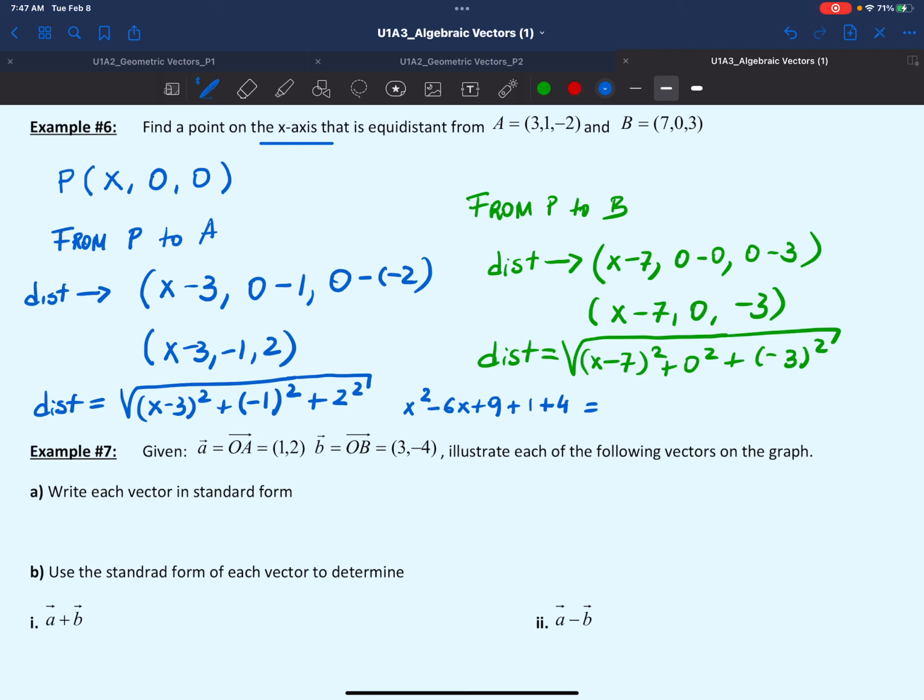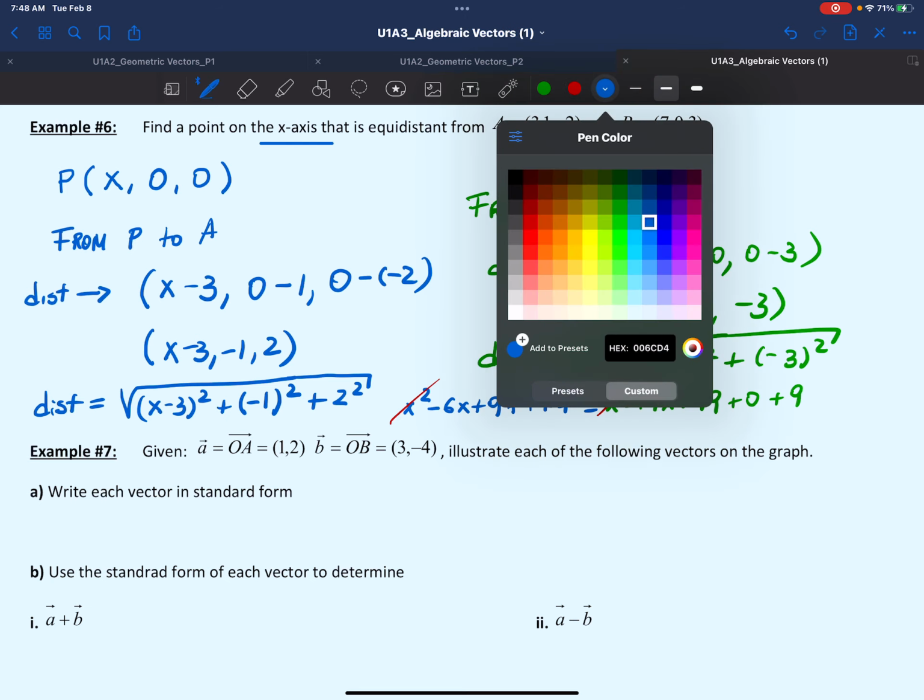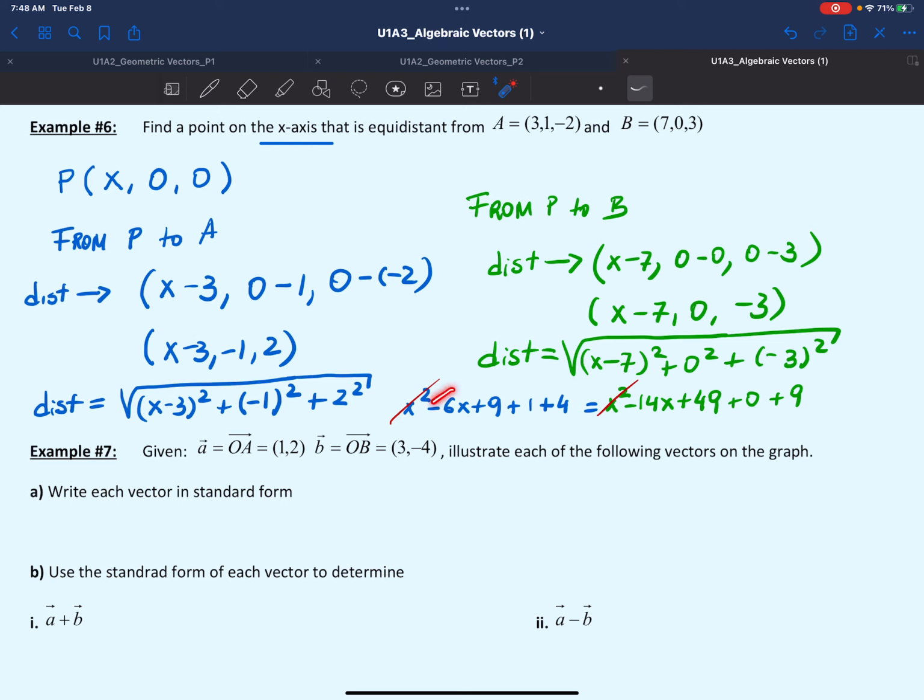So this would be equal to x minus 7 squared, which is x squared, minus 14x plus 49, plus 0 squared is 0, and then plus 9. So notice that we have x squared in both sides, so that simplifies to no x squared. -6x plus positive 14x, that will give 8x.